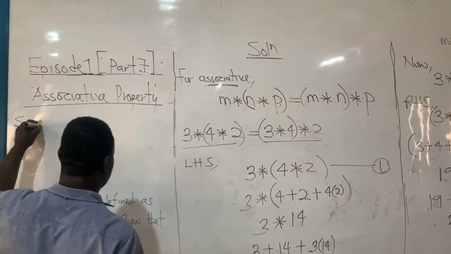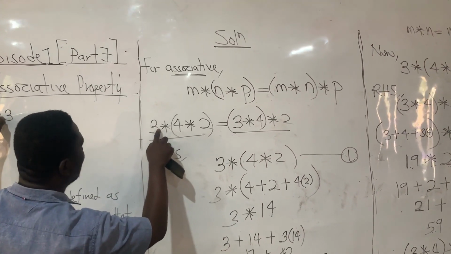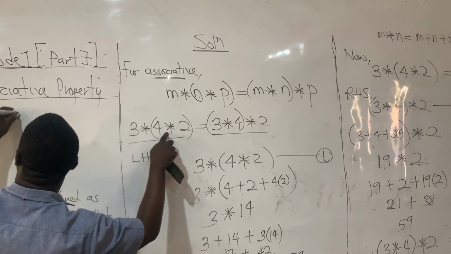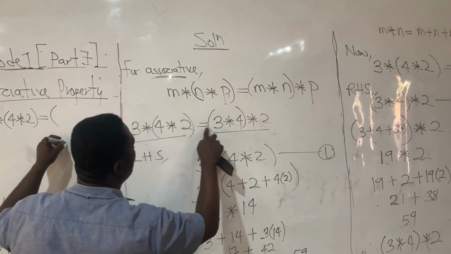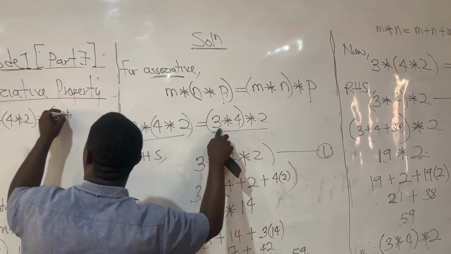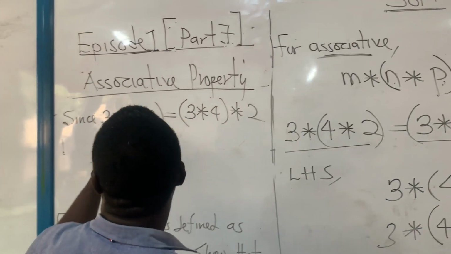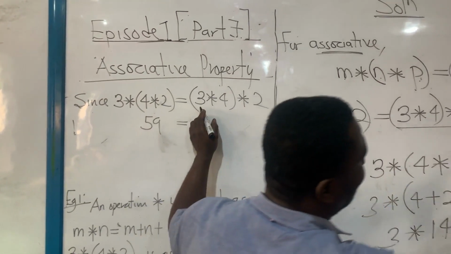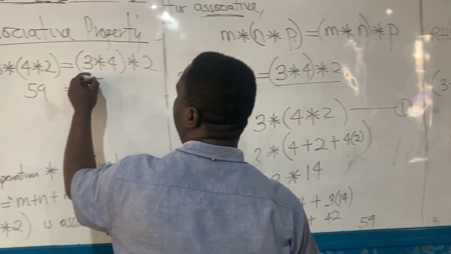Since, what was the question? Since 3 star bracket open 4 star 2 is equal to bracket open 3 star 4, bracket close, star 2, and we had here 59, and your right hand side, finally you have your right hand side as 59.